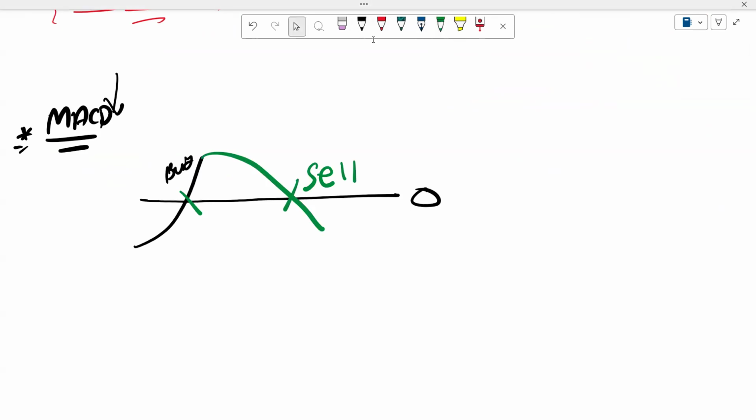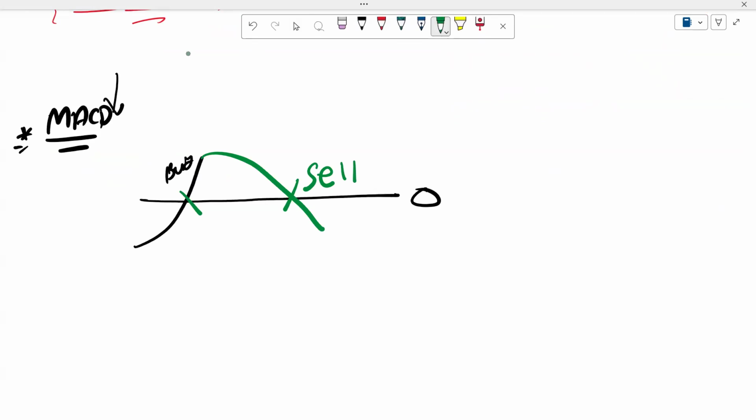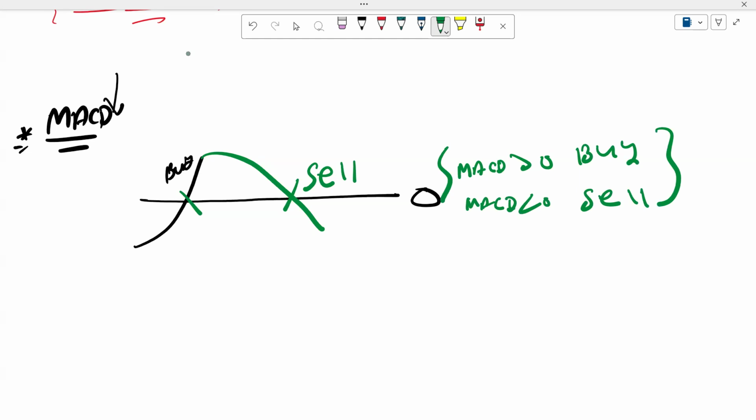This was invented by Charles Dow, and the time frame he considered at that time was 12, 26 and 6.